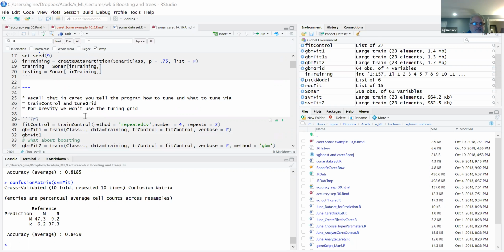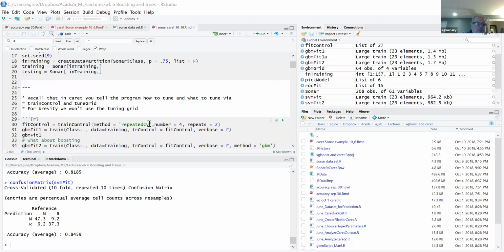It allows you to standardize how you tune your hyperparameters, and over what range you want to search. That's a grid. For the first example, let's just look at trainControl. I called it fitControl, but the main thing is the function trainControl.